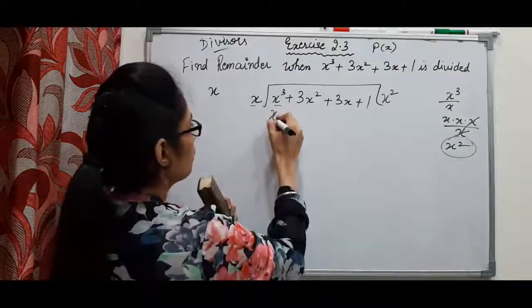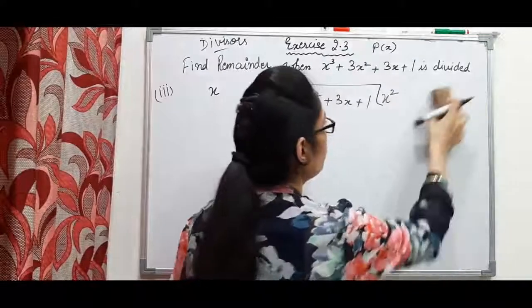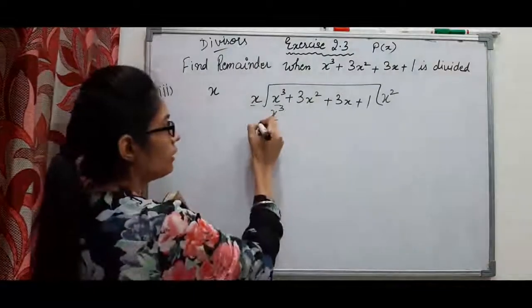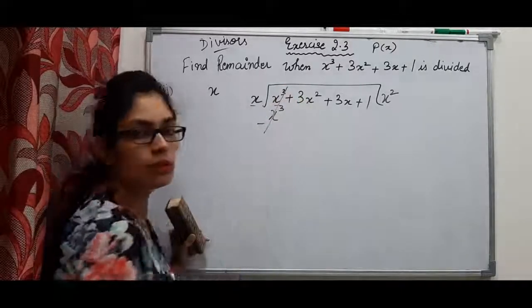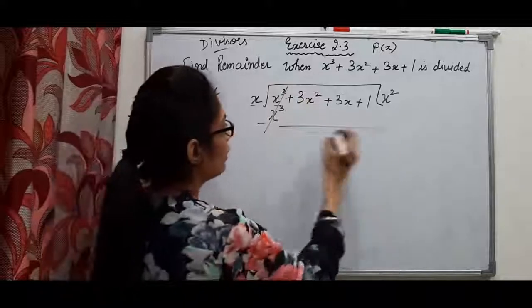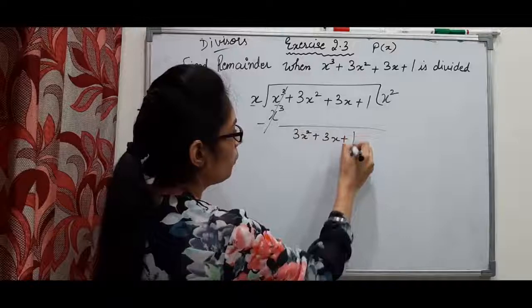So here x cube, same term. So that's all you have to do. You can change the sign. This plus was there, so minus you have to write and you can cancel. Now you can write all the other terms. 3x square plus 3x plus 1.